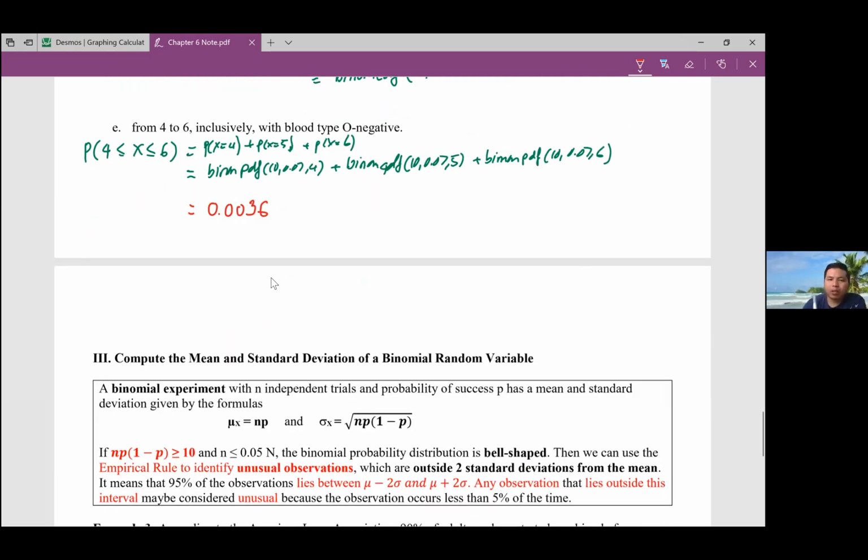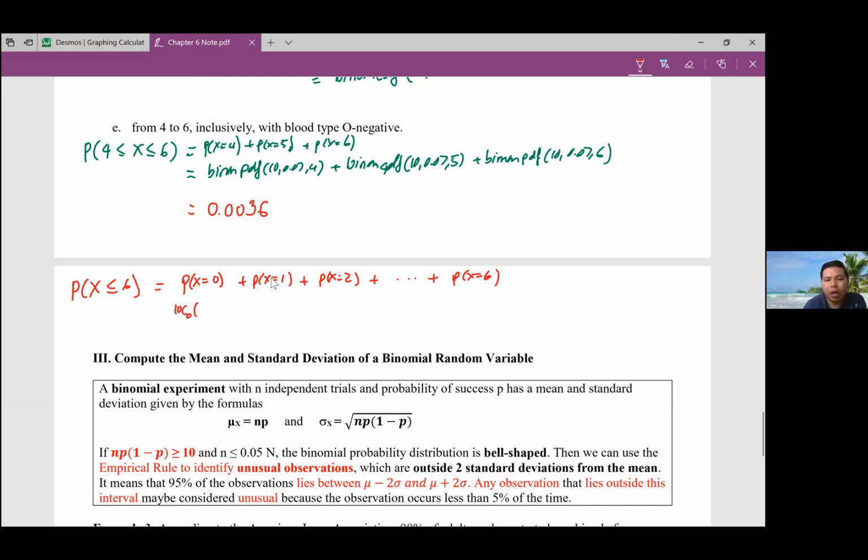For example, you want the probability of x less than or equal to 6. So this is equivalent to P of x equal to 0 plus P of x equal to 1 plus P of x equal to 2, plus dot dot dot all the way until P of x equal to 6. Yes? Okay.